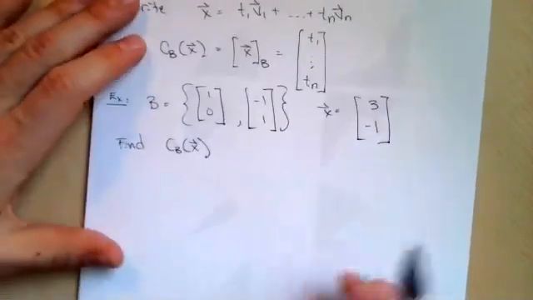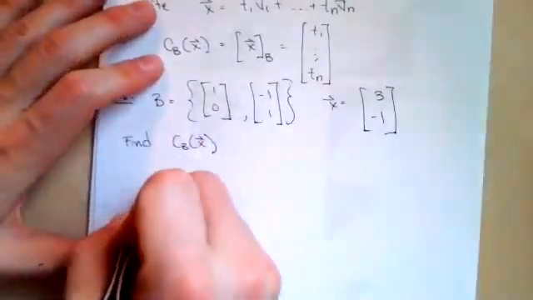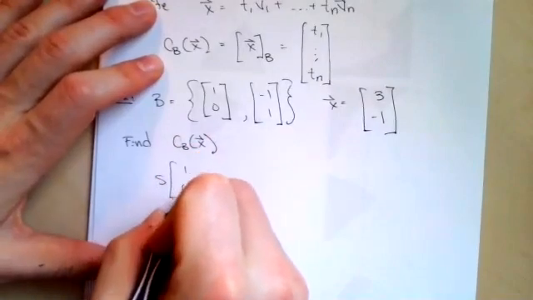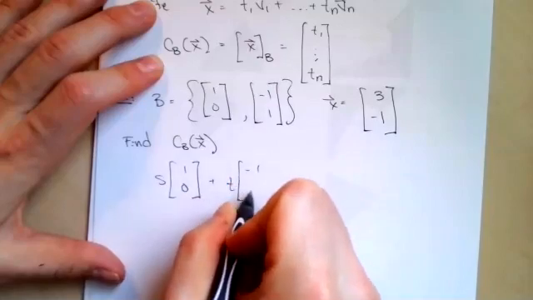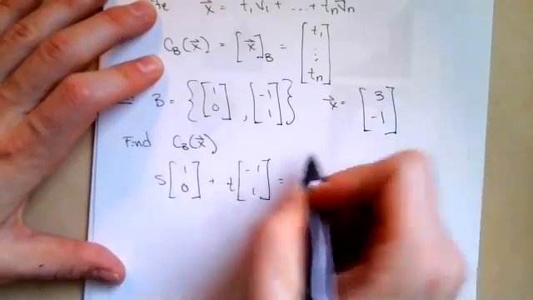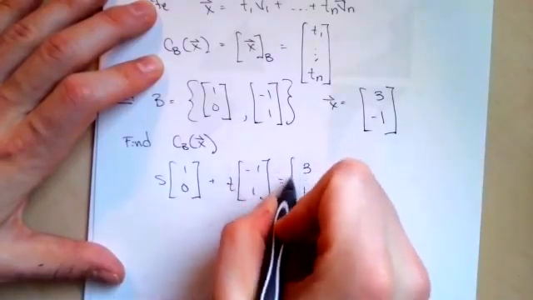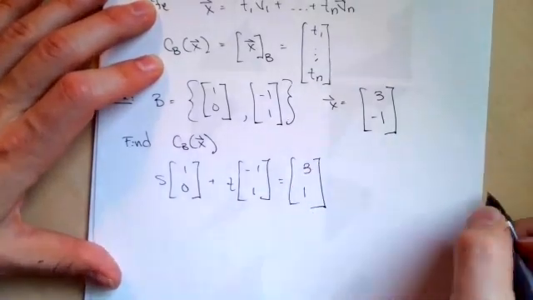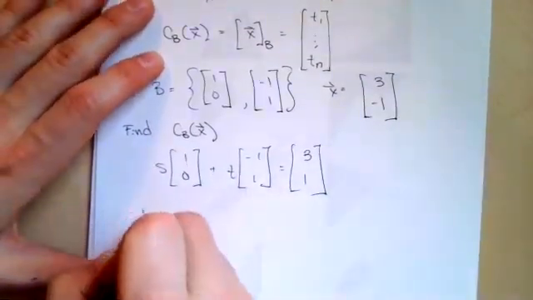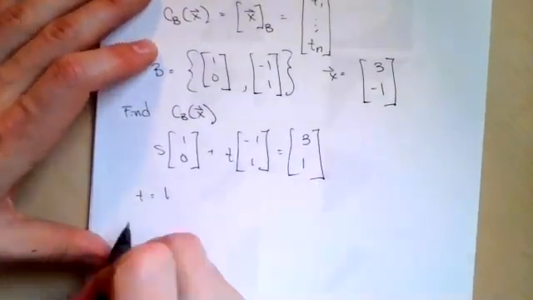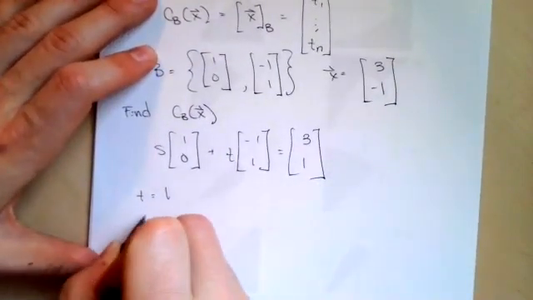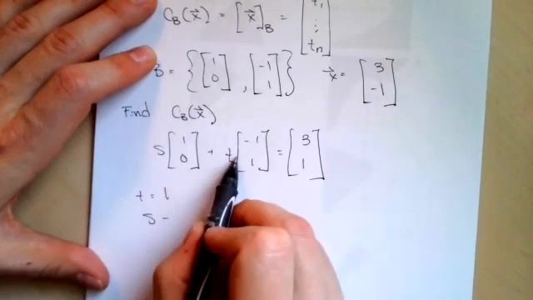So what are we going to get? We're going to get a system of equations. So s times (1, 0) plus t times (-1, 1) is going to be equal to (3, 1). And then we need to solve this. So it's pretty clear that t has to be 1 from the bottom row.